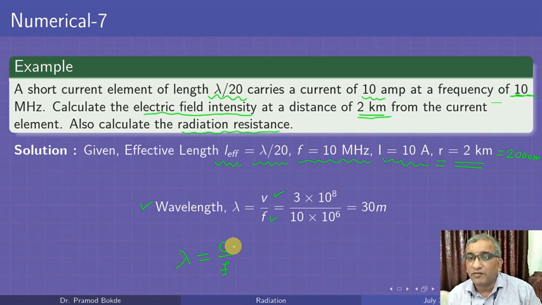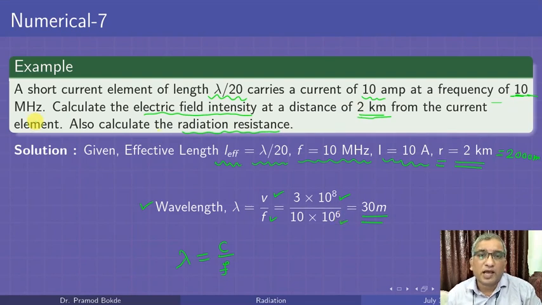That is, the velocity of propagation of electromagnetic waves is always equal to the velocity of light. So for velocity, we will always take this as 3 into 10 raised to power 8. And the frequency is given, that is 10 into 10 raised to power 6. So when I divide these two values, I will get the wavelength equal to 30 meters, right?